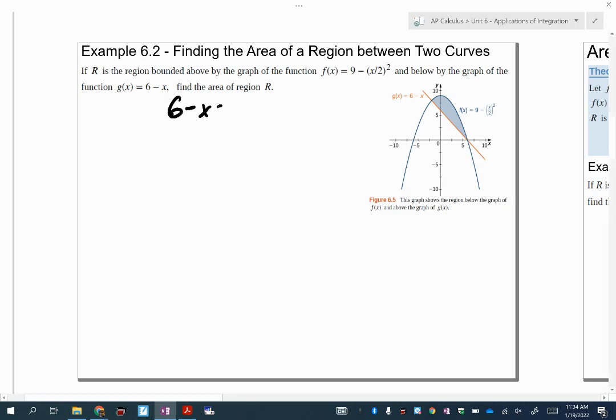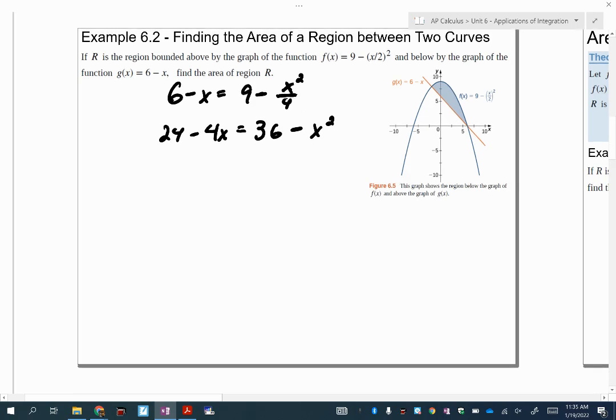So 6 minus x equals 9 minus, and I'm going to go ahead and square this, x squared over 4. All right, I'm going to multiply everything by 4 so I can get that x squared to not have a fraction anymore. So 24 minus 4x equals 36 minus x squared.